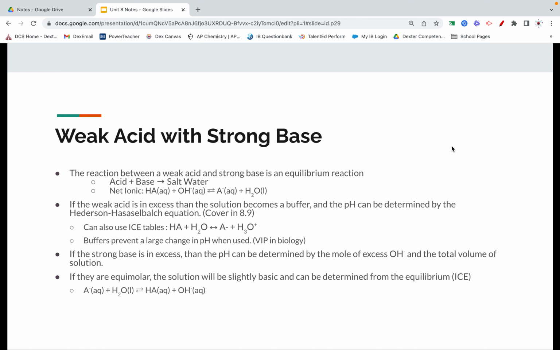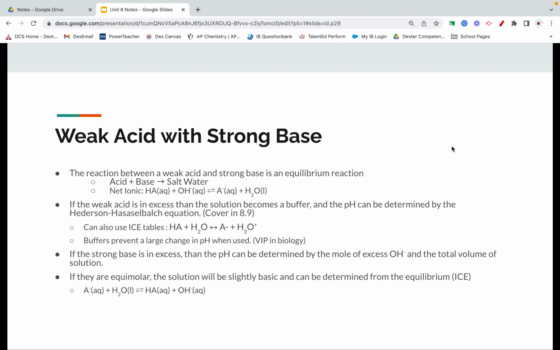It's a very similar idea with weak acids and strong bases, or even weak bases and strong acids. It's still an acid-base reaction where we get salt and water, but in the net ionic we have the acid plus the hydroxide yielding the conjugate base of our acid and water, because in this case the weak acid is not going to fully ionize, and so we get into equilibrium.